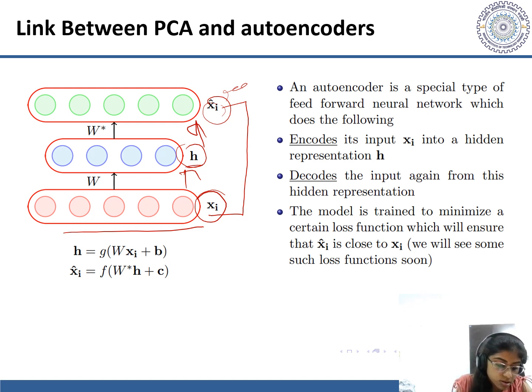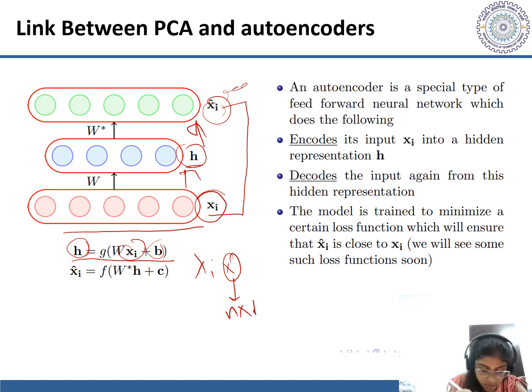H is a function g which takes input Xi and gives H. Here I have X of n cross 1 dimension, W is of d cross n dimension, so I get H of d cross 1 dimension.